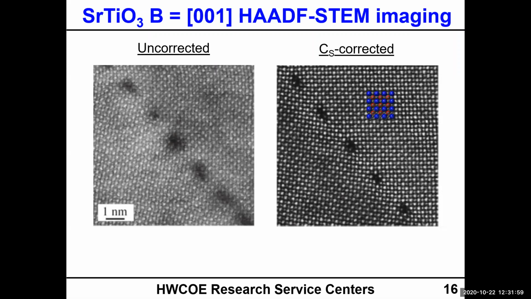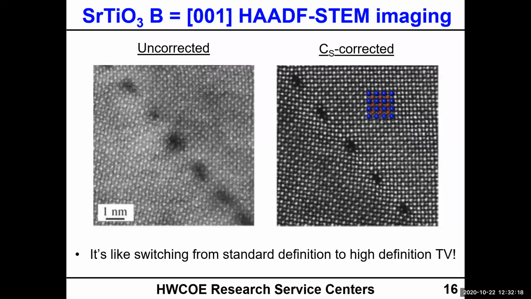Those bright dots you're seeing, those would be the strontium. Those second brightest dots are the titanium and oxygen columns. Then there are oxygen-only columns that get swamped out because they are lower Z. Again, my analogy here is it's like switching from standard to high definition TV. It's very, very dramatic.